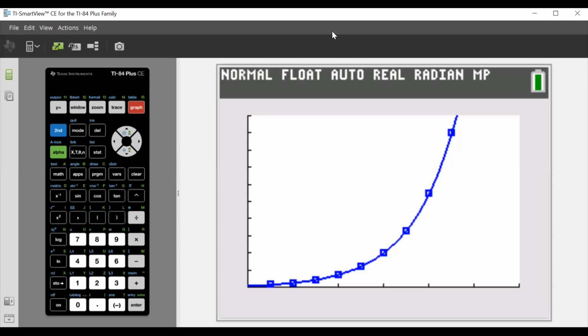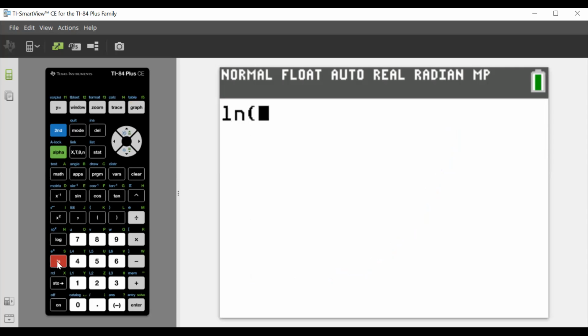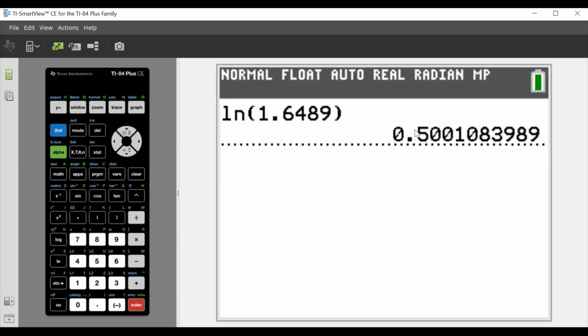And so the only thing we have left to do is take the ln of b, and that was 1.648 and 9, and then whatever else it was. So we'll see what this gives us and see if it gets us close to half. Yeah, it gives us pretty close to half.